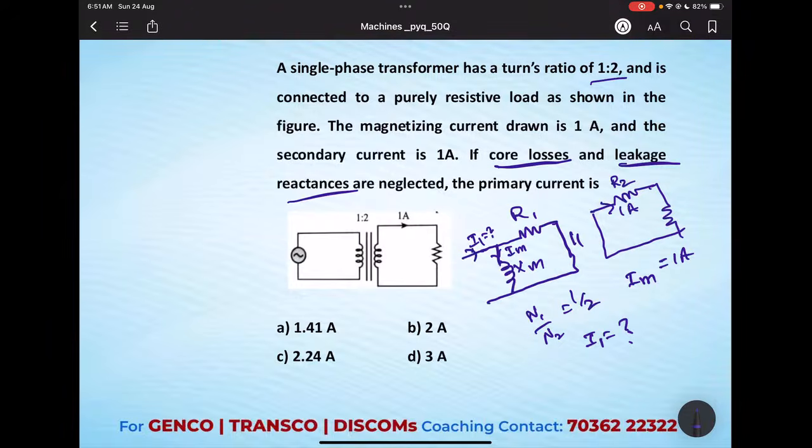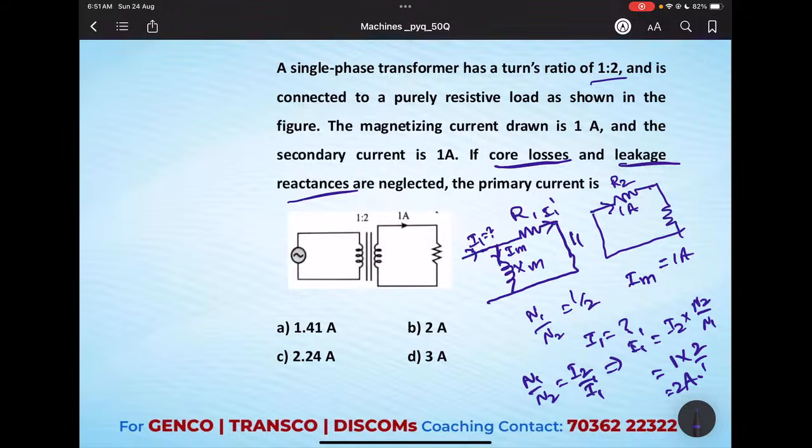In order to calculate I1, we need to shift the secondary current to the primary side. How can we shift? We know that N1 by N2 is equal to I2 by I1 dash. This is the I1 dash current. So I1 dash we can write as I2 into N2 by N1. I2 is given as 1 amp, N2 by N1 is 2 by 1, so 2 amps.